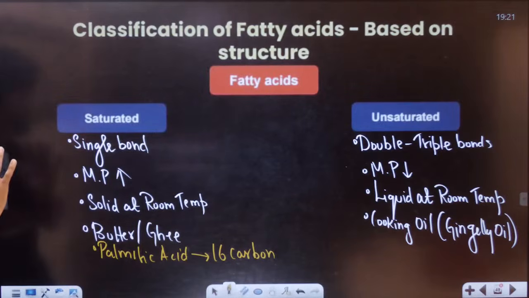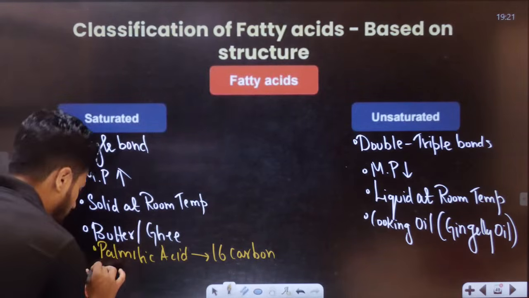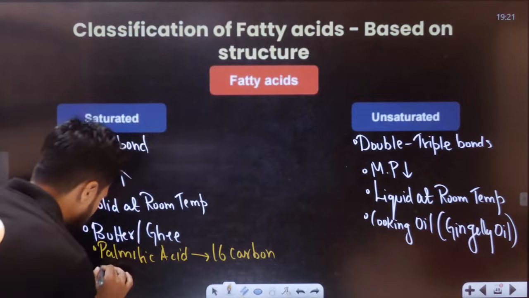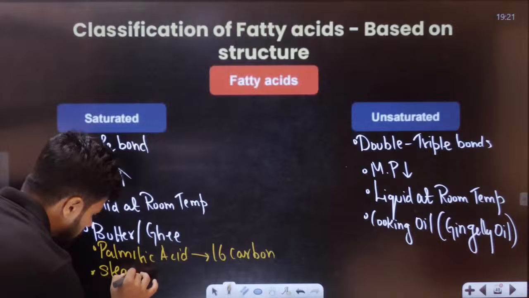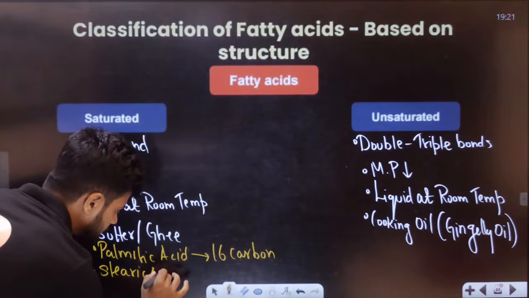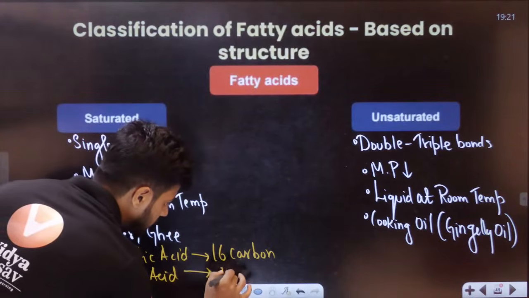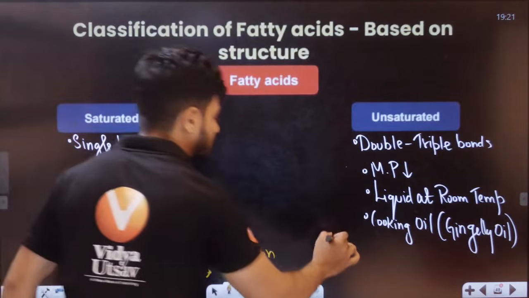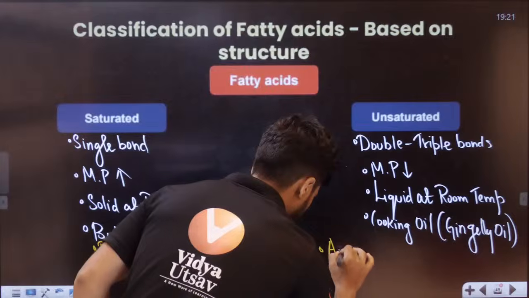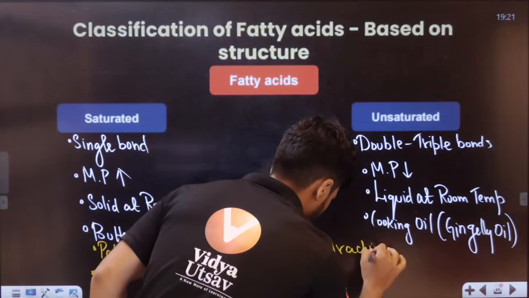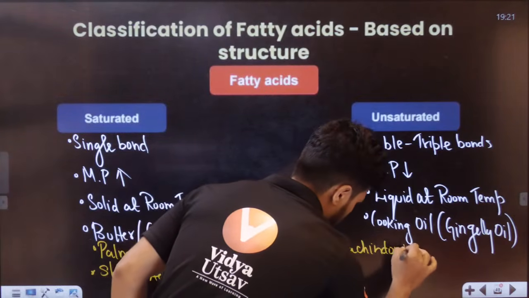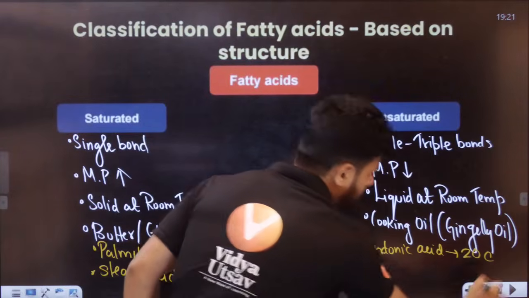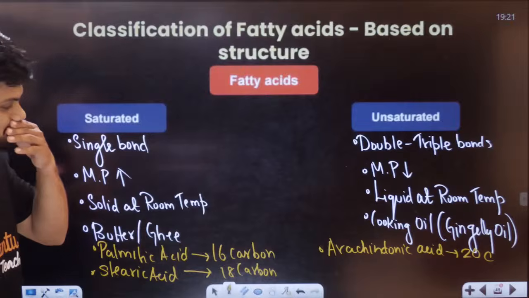Then we have the stearic acid. This is 18 carbon. Now under unsaturated, students, we have the arachidonic acid. This is 20 carbon, students.